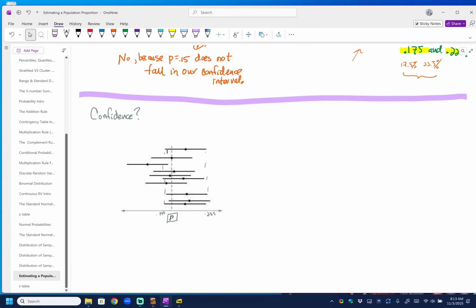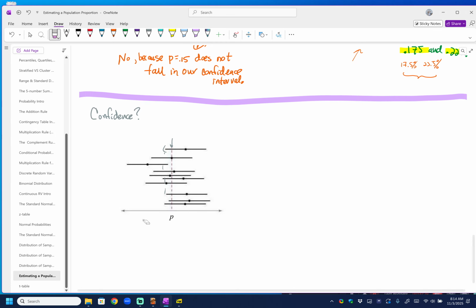Now, according to this picture, our true proportion P falls inside this interval. Remember, the whole point of using a sample to generate a confidence interval is to catch or contain the true proportion P. We want it to be in there, and it turns out that it is in this specific sample.